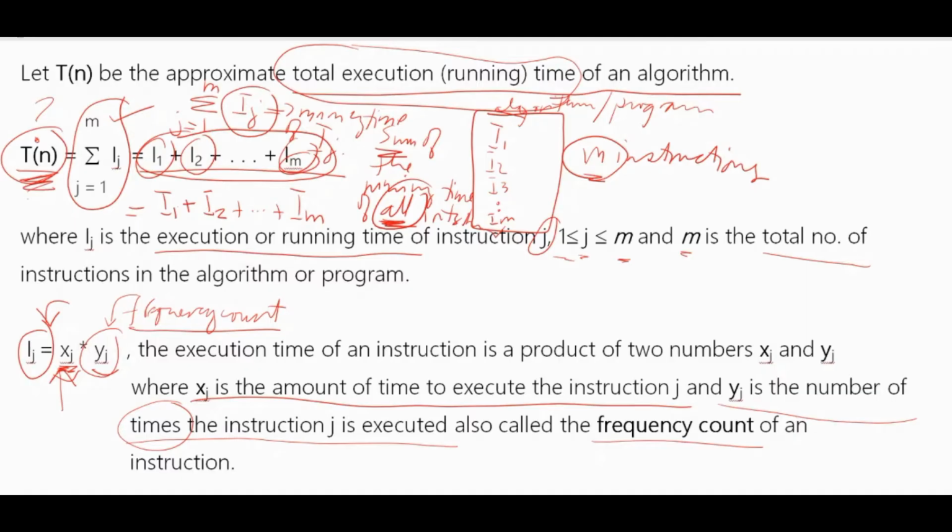The amount of time to execute that instruction times how many times it is repeatedly executed is the total running time of the instruction Ij. And when you find the values of I1, I2, I3, up to Im, you get the sum of those, which is your total execution or running time of the whole algorithm or program.